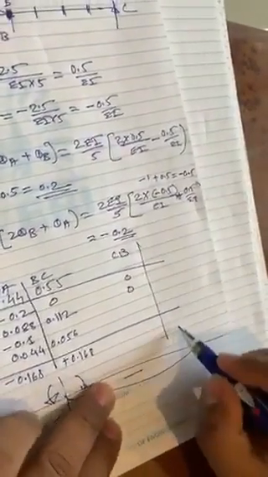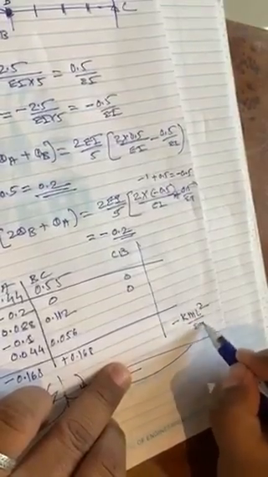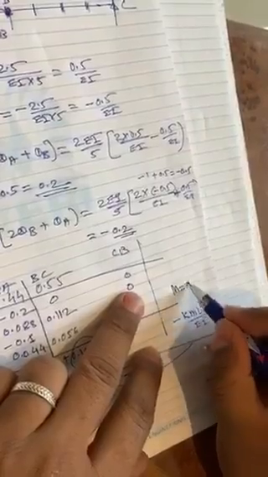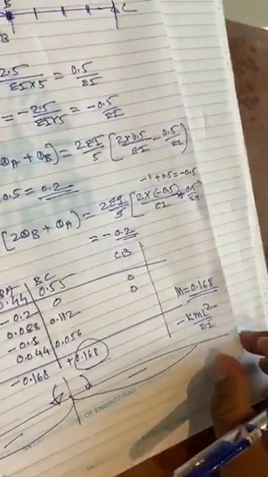So indeterminate displacement will come as k M L square by EI, where M is equal to 0.168.